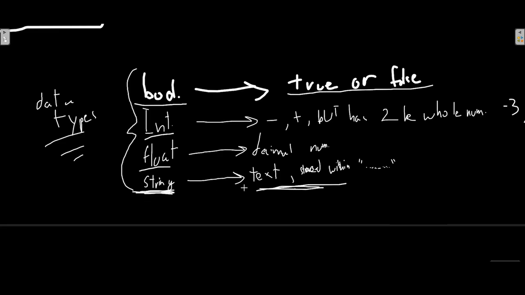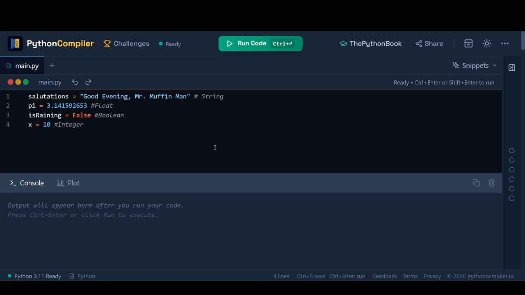You call text a string, you call a decimal a float, you call a whole number an integer, and you call true or false a Boolean value. So let's make our way over to the Python compiler, and we're going to identify what each of these variables are.